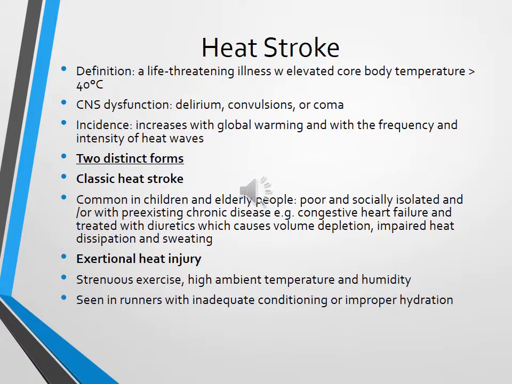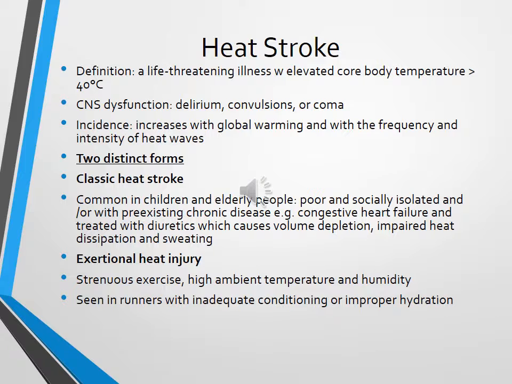You have heat stroke. Definition: a life-threatening illness with elevated core body temps above 40 Celsius. CNS dysfunction, you're going to see delirium, convulsions, or coma. Incidence increases with global warming and with the frequency and intensity of heat waves. There are two types.